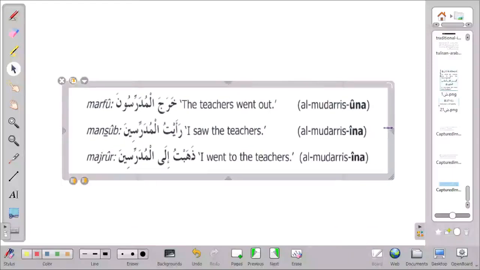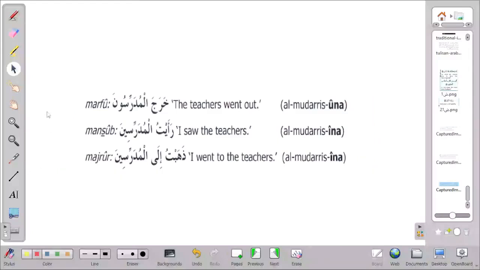The main thing I am trying to point out is that when we have the Jam'u Mudhakkar Salim, their default form is the marfu. When it is marfu, it is going to have waw wa nun, like kharajal mudarrisuna. But apart from the marfu, whether it is mansub or majrur, it is going to be yai.